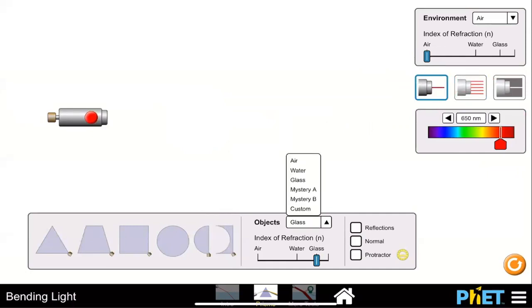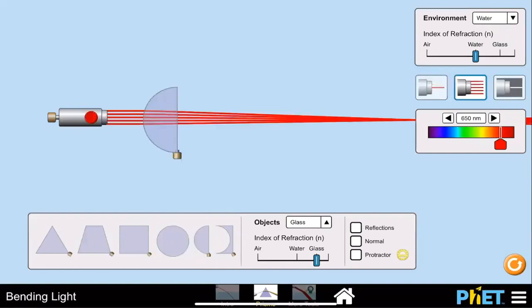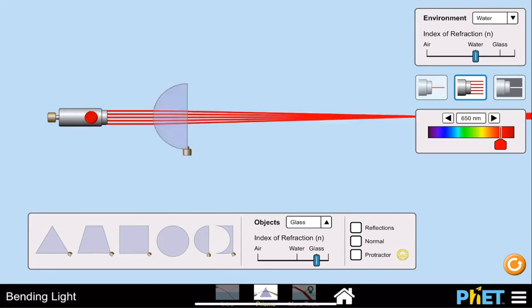Okay. So if we are going to change the index of refraction, so we have here from glass, we're going to change the environment into the water. So you notice that there is now a change in how the converging of light will take place.